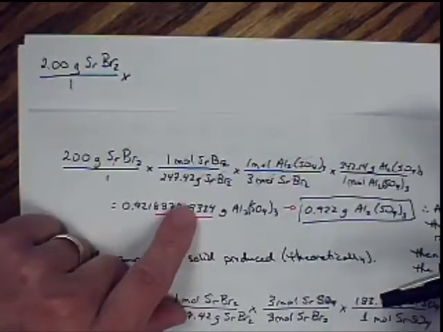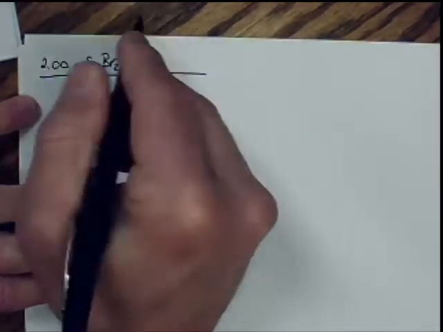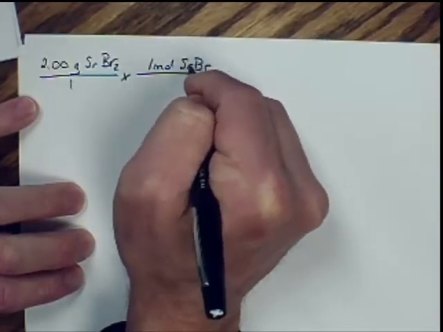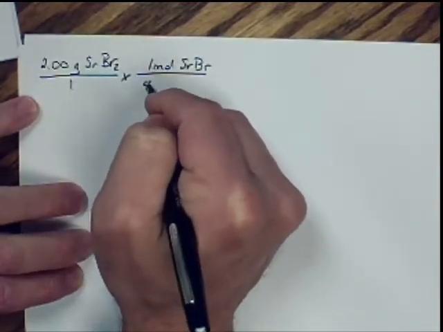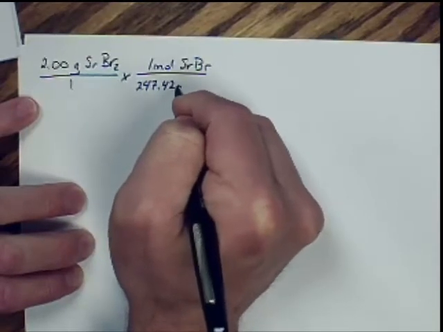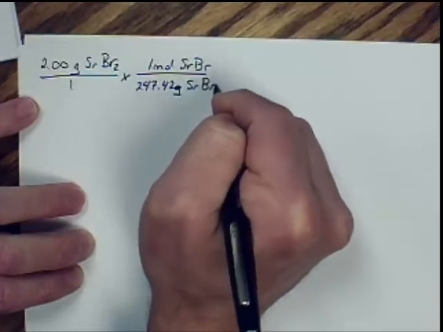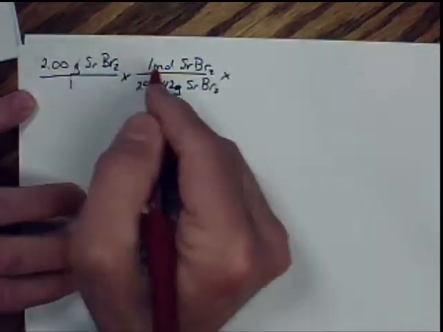We're going to use the same conversion here that we started with in the previous problem. 1 mole of strontium bromide on the top, the molar mass of it on the bottom, 247.42 grams of strontium bromide. Cancel as we go.